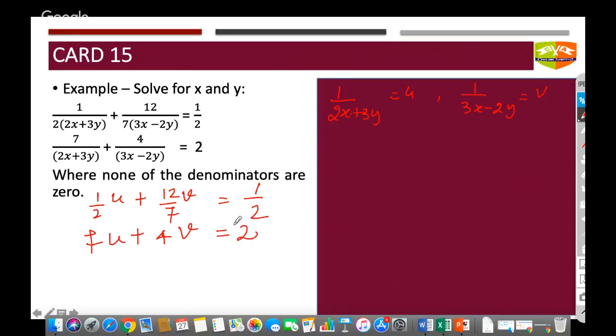Now even after doing this, the equation looks like a bit tedious equation. So am I taking this equation correctly?